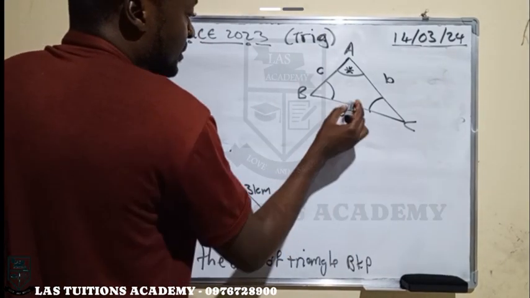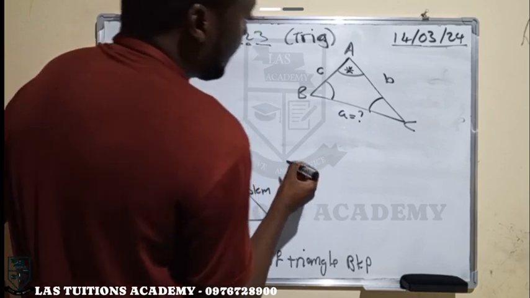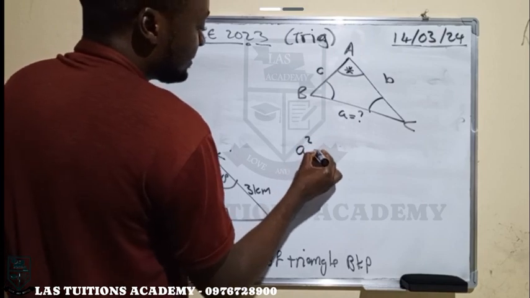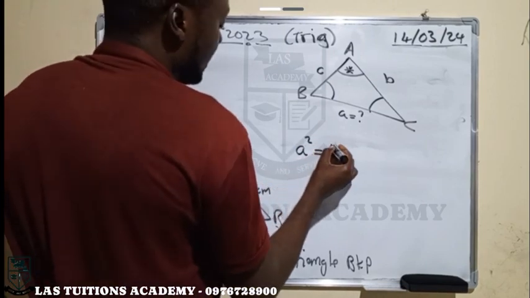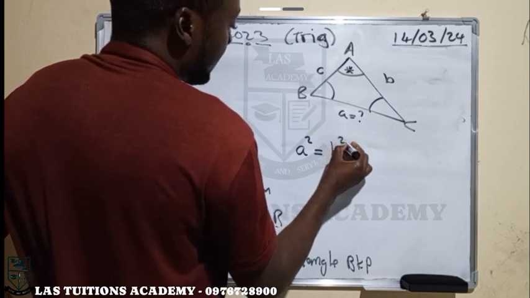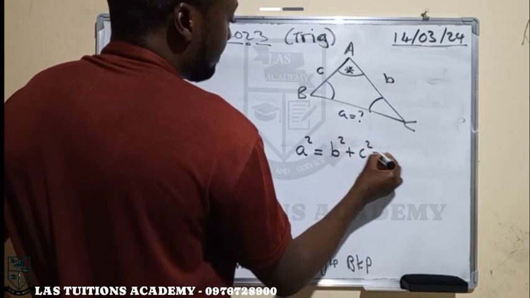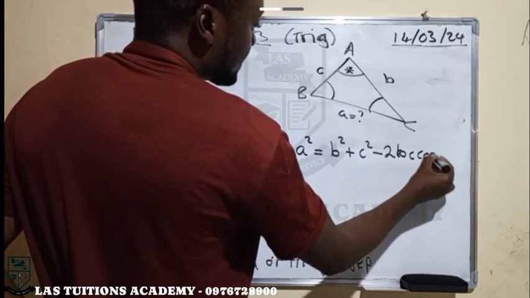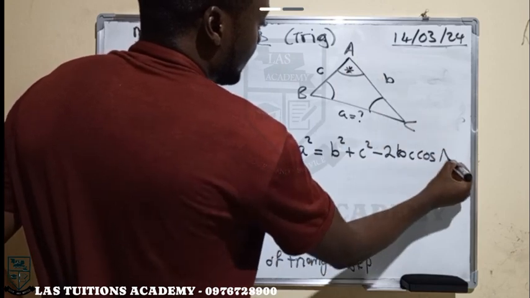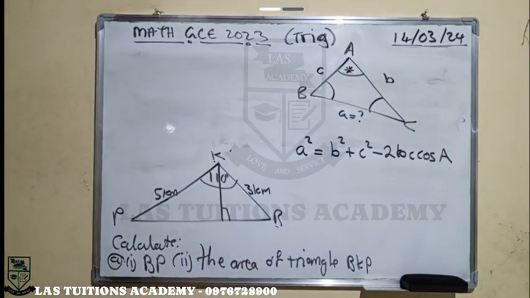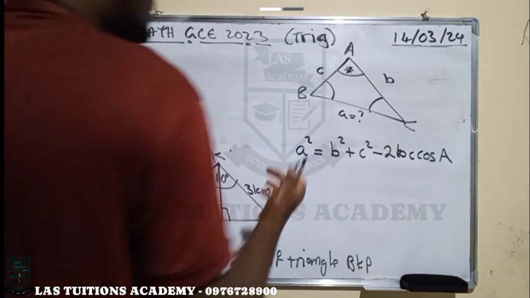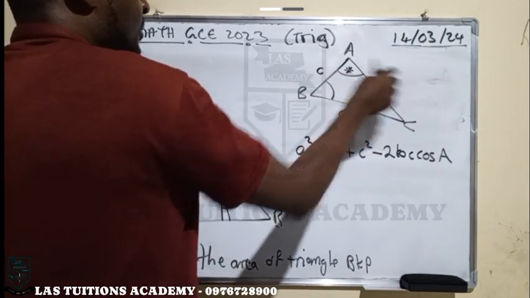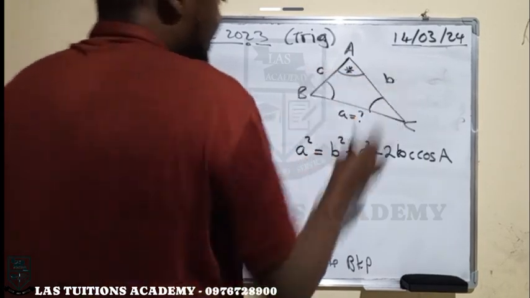We say A squared is equal to B squared plus C squared minus 2BC cos A, the angle which is given. For us to find this side A, since we only have one angle and two sides, this is the formula that we use.